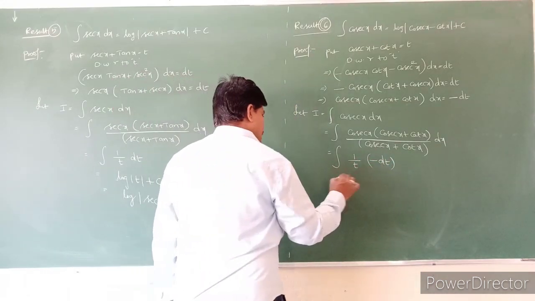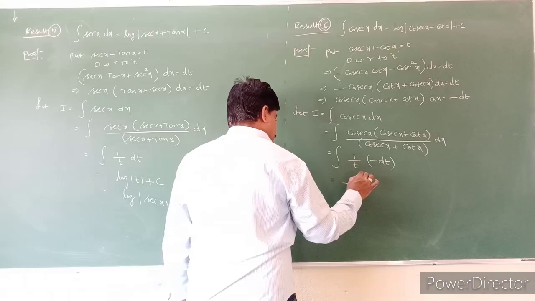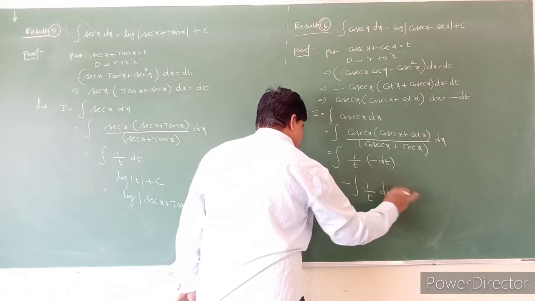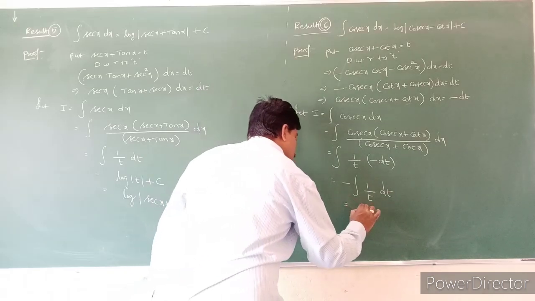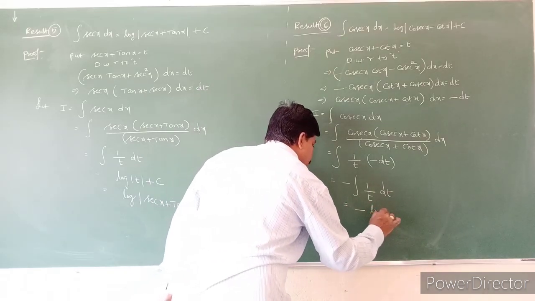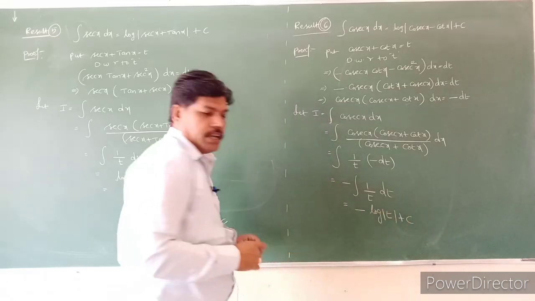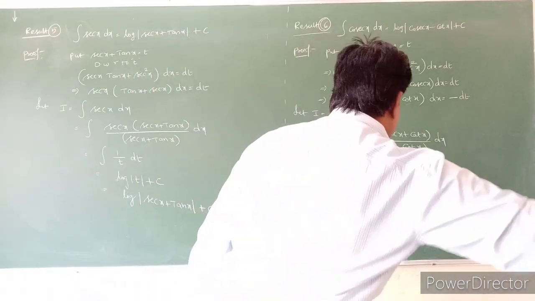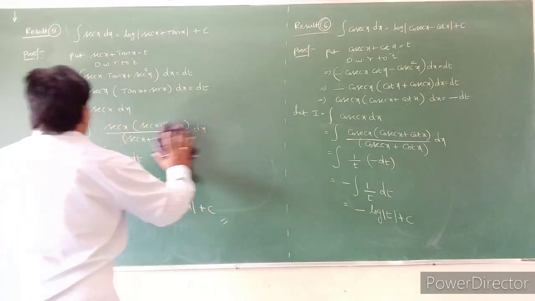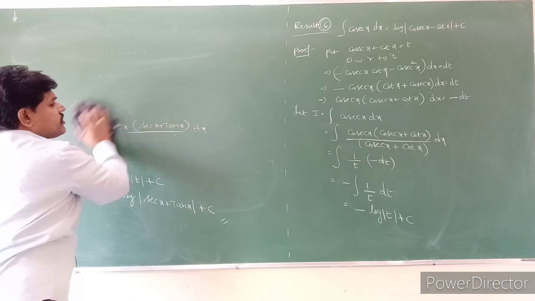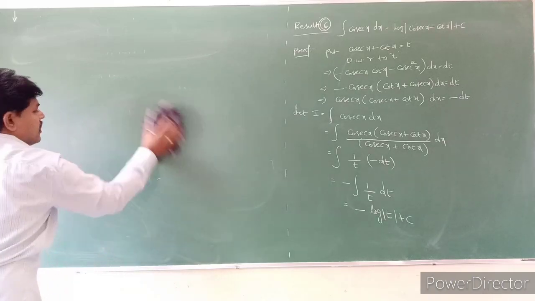I will take that minus out: minus integral of 1 by t into dt, which is equal to minus log of mod t plus c. See, students, some calculation part is there.